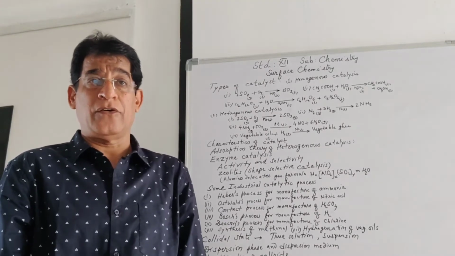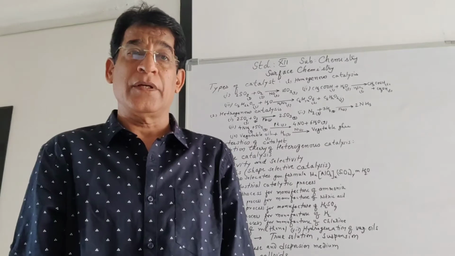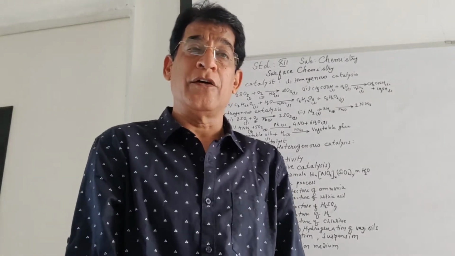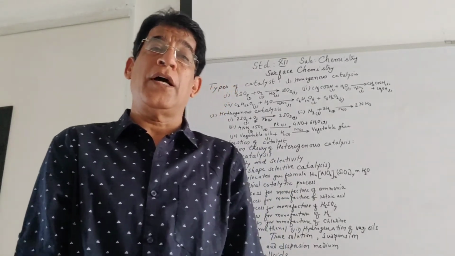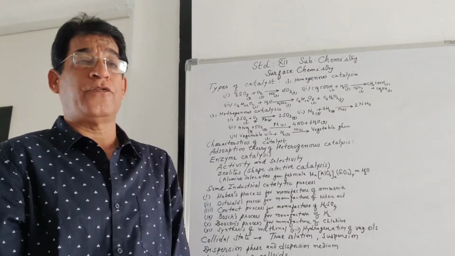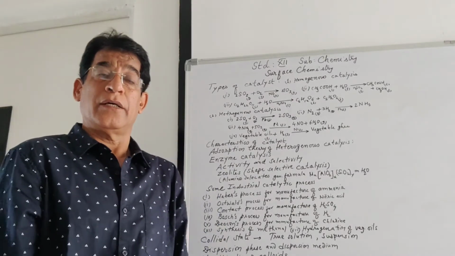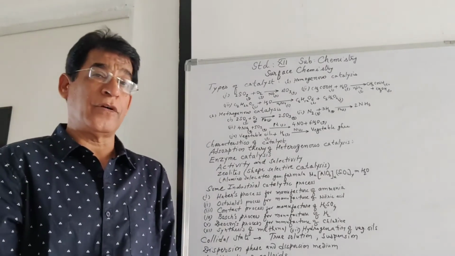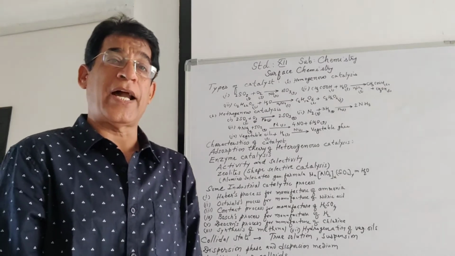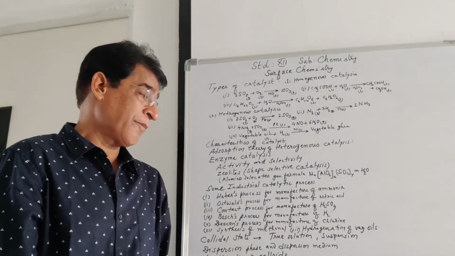Contact process for the manufacture of sulfuric acid. Bosch process for the manufacture of hydrogen and Deacon's process for the manufacture of chlorine. Synthesis of methanol and hydrogenation of vegetable oils.